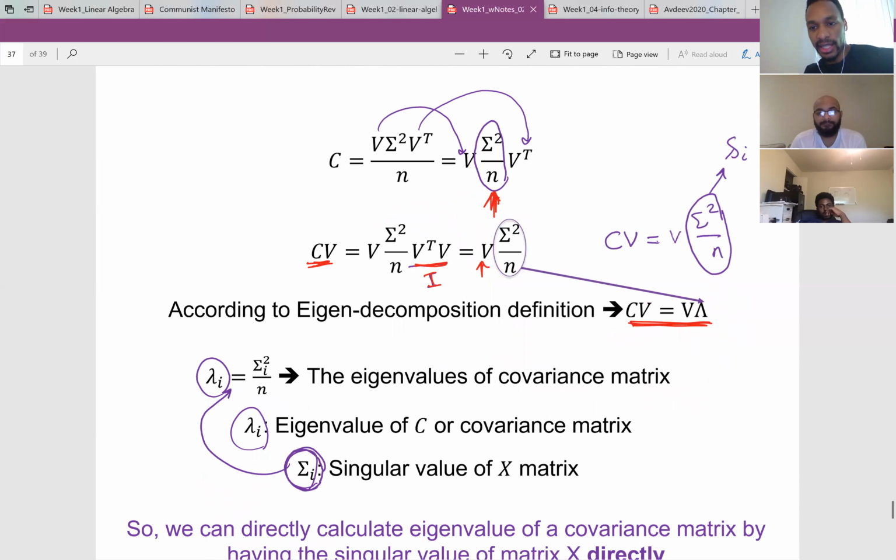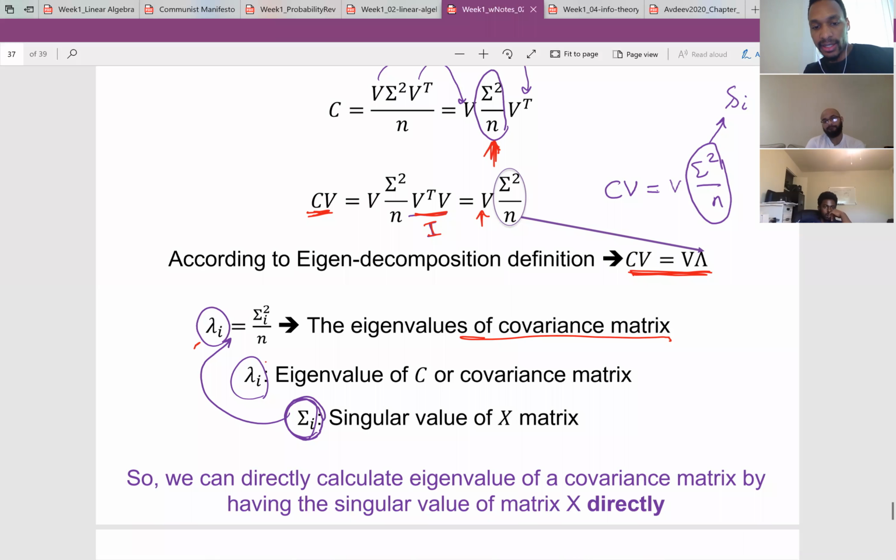So now you can see that the singular values squared divided by n are just the eigenvalues of the covariance matrix. So lambda i is the eigenvalue of the covariance matrix, and sigma i is the singular value of the X matrix.